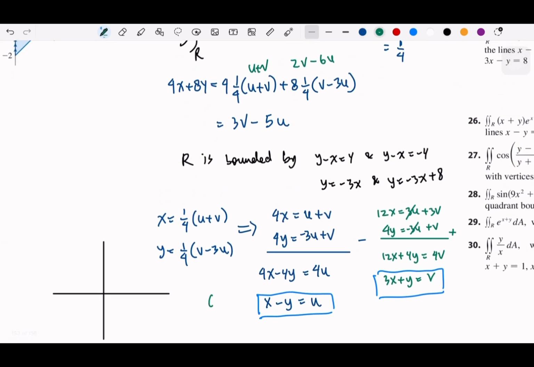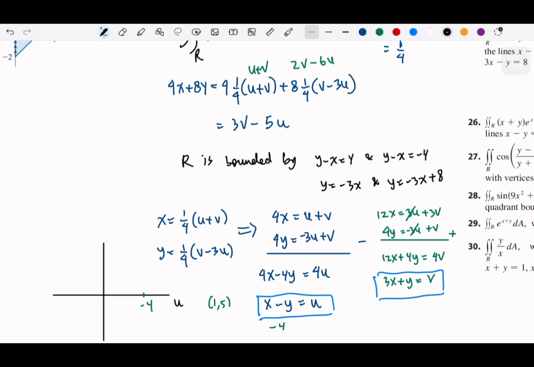Taking 1, 5, 1 minus 5 will be minus 4. So u is minus 4. And then v will be 3 plus 5, it's 8, right?